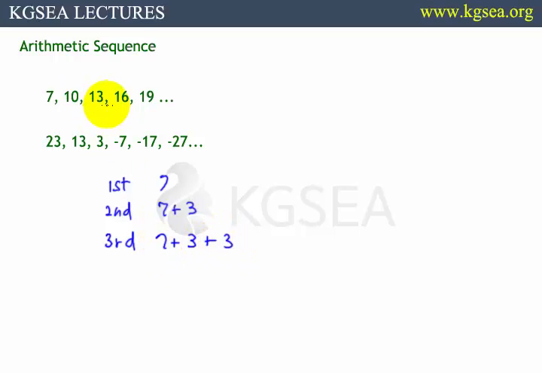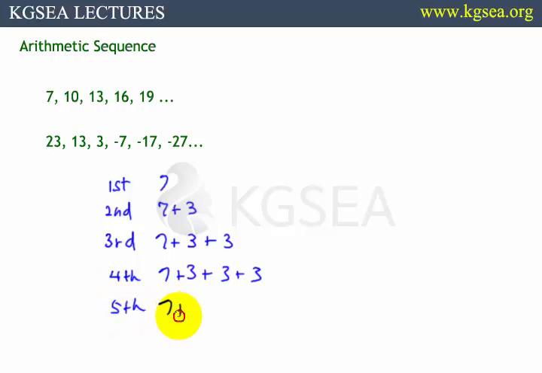That's what 13 is, isn't it? So what is the fourth term? First term plus 3 plus 3 plus 3. So if you add them up, then they become a different number, and it's hard to see where they came from. But if you leave it the way it is, then you begin to see it.